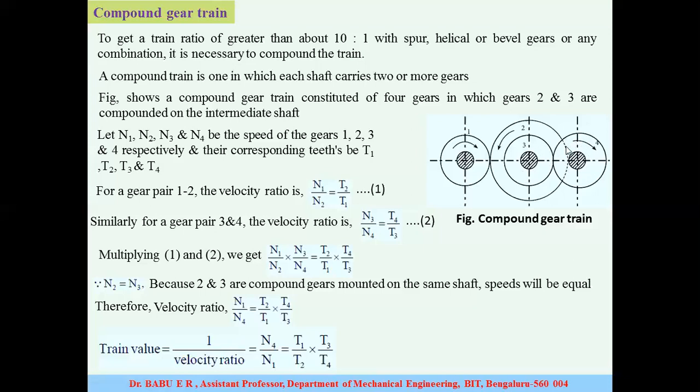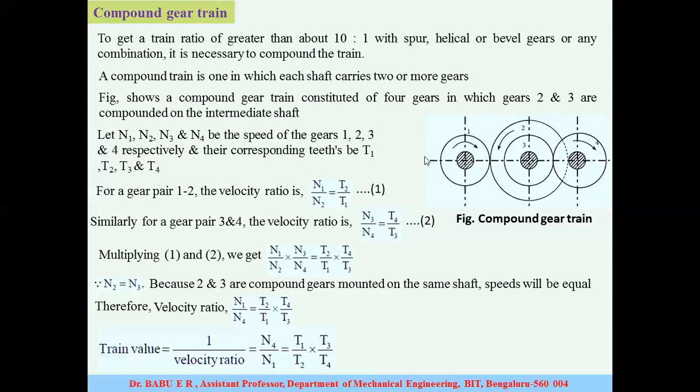The velocity ratio for the gear pair 3 and 4 is written as N3 by N4, which equals T4 by T3. Call it equation number 2.